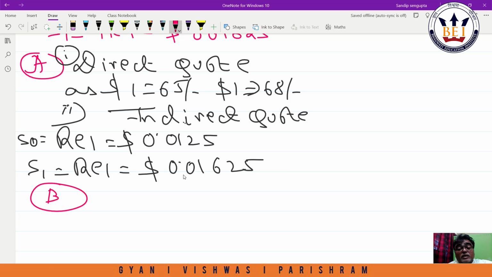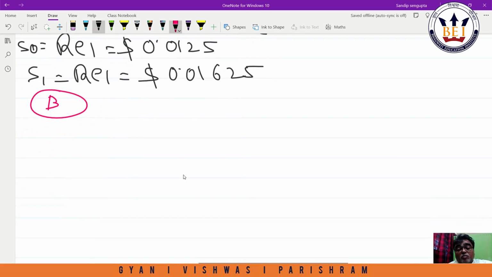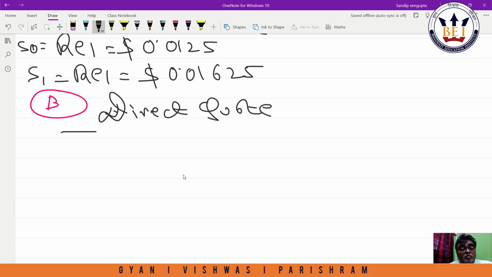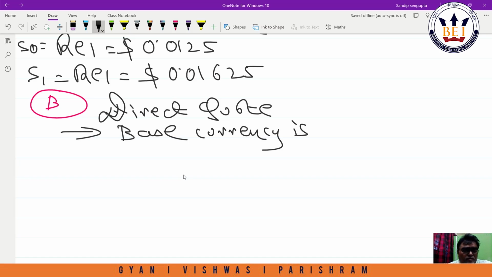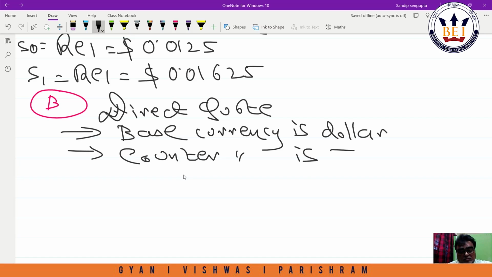Now B. When you consider a direct quote, what do you say? The base currency is dollar, and the counter currency is INR. When you consider an indirect quote, common sense, on the basis of dollar only the value changes.